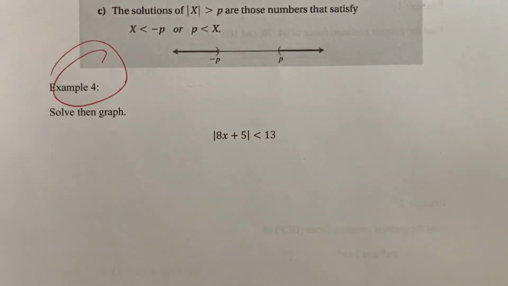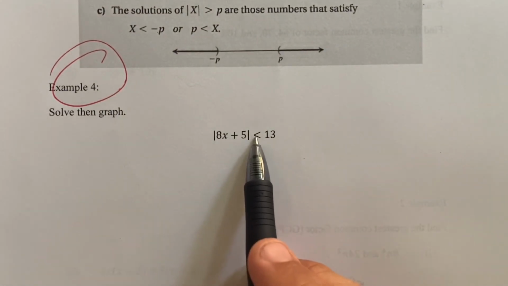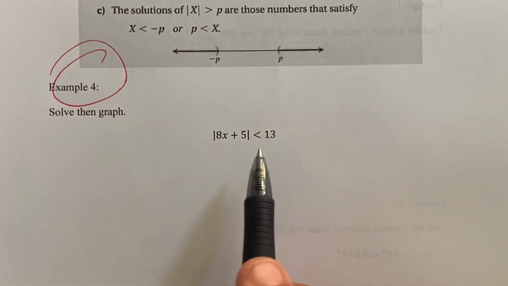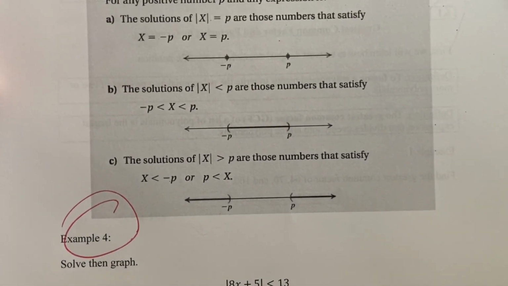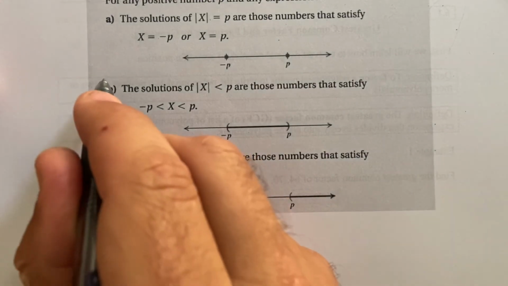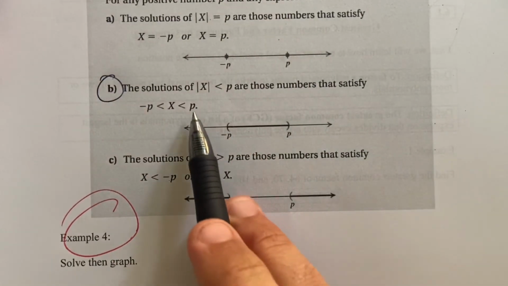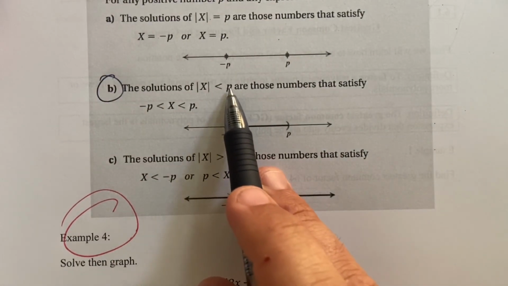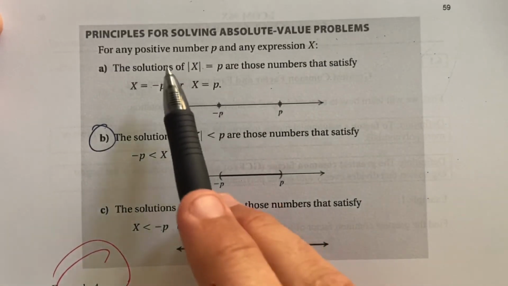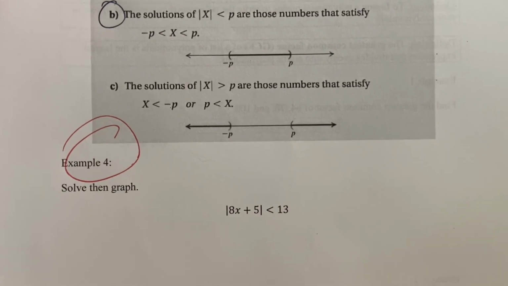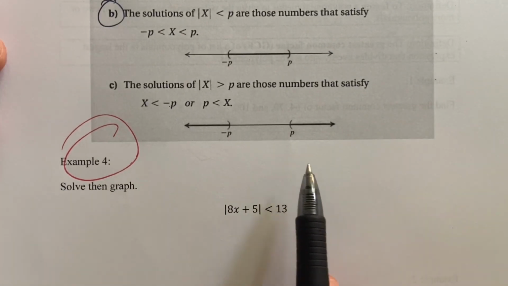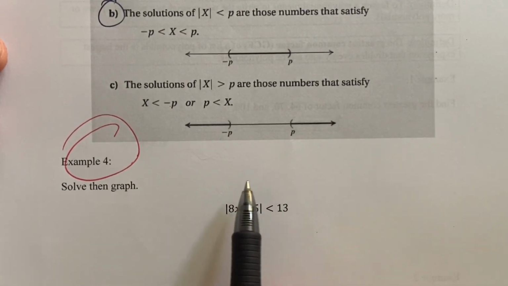We have the absolute value of something is less than a positive number. That would be this one right here. The absolute value of a thing is less than a positive number, and we're assuming p is a positive number. So I'll look to part B here for the purposes of solving this inequality.